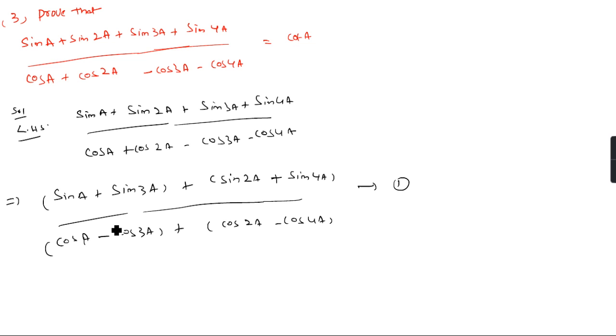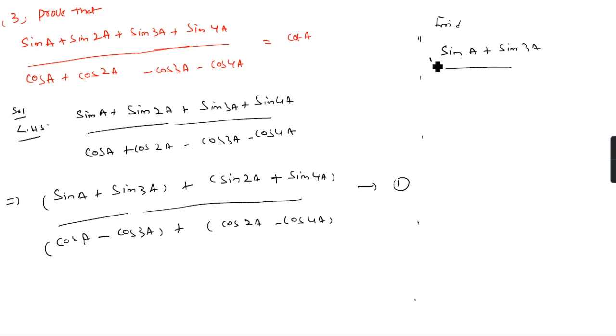So here, what are the terms included? The terms are sin A plus sin 3A, sin 2A plus sin 4A, cos A minus cos 3A, cos 2A minus cos 4A. We find that, first one, sin A plus sin 3A.